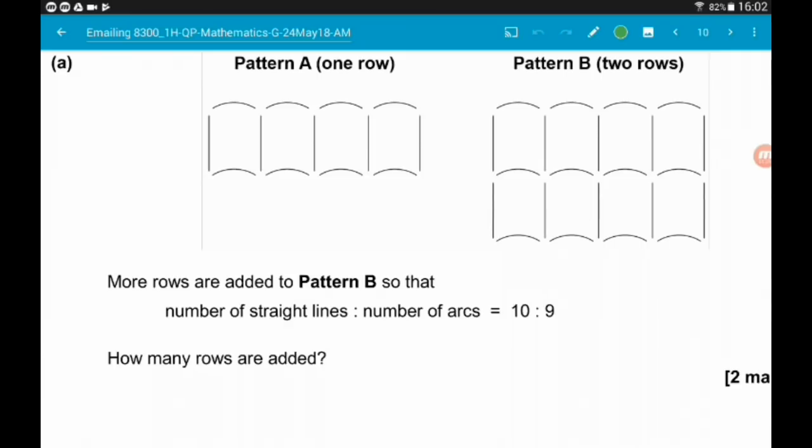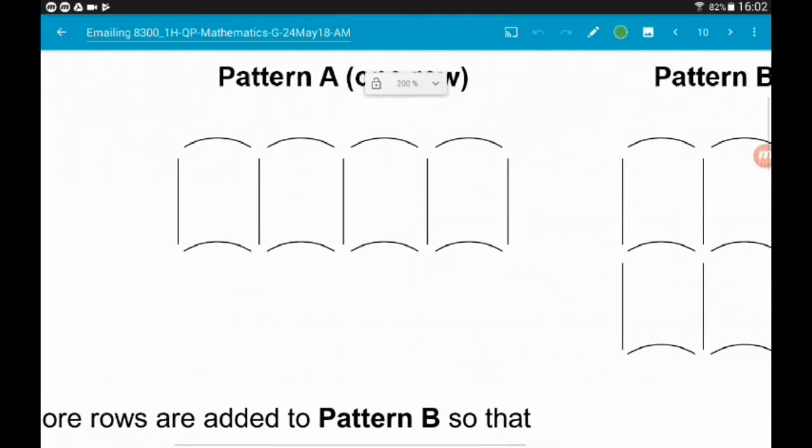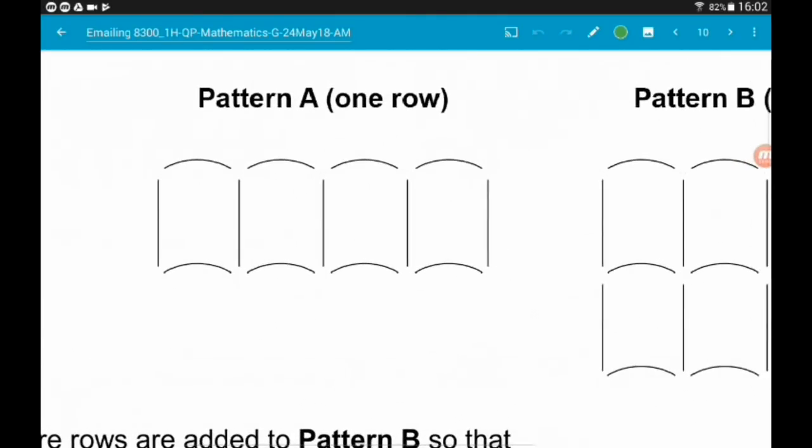We want to work out how many more rows are added onto pattern B. So let's have a look at what's going on first of all. So in pattern A, we've got 8 arcs and we've got 5 straight lines. So I'm going to call those L.